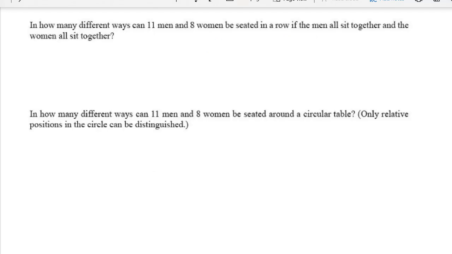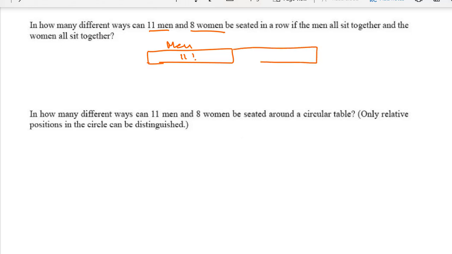Now it's a little bit different. How many different ways can 11 men and 8 women be seated in a row if the men all sit together and the women all sit together? You could stop the video and think about it. Having all the men together, we have 11 factorial different ways.